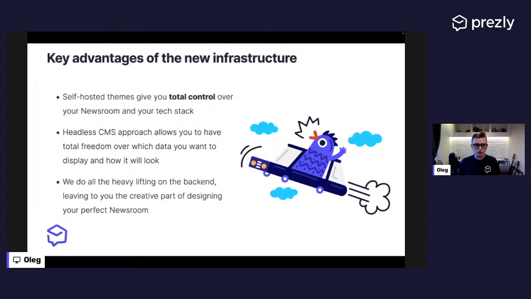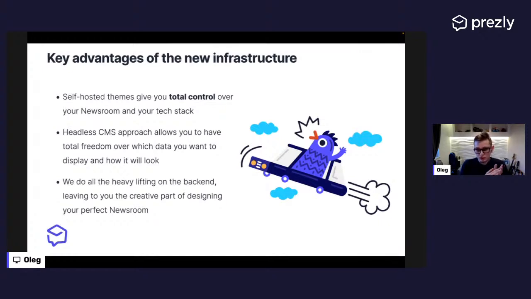So let's go into a bit more detail about the key advantages of this new infrastructure. Previously, you often had to ask the Prezly support team to make even the smallest changes to your newsroom look and feel, be it font sizes or colors or just typography changes, or really tiny layout changes like moving an image to another place, for example.